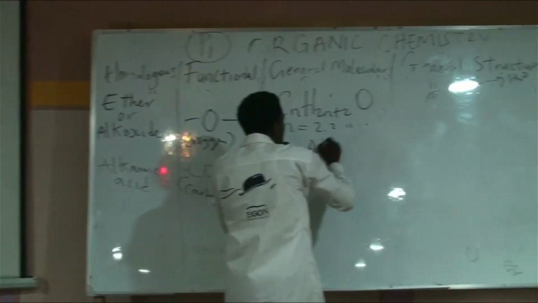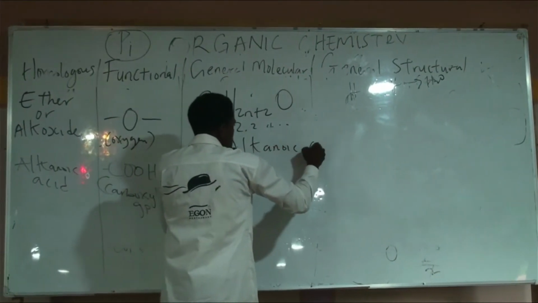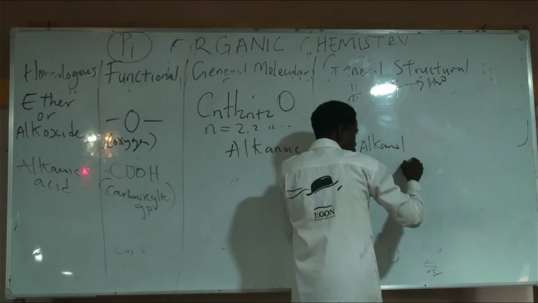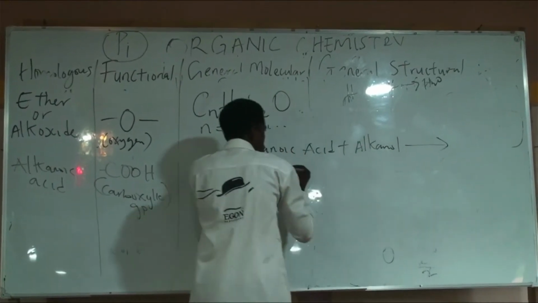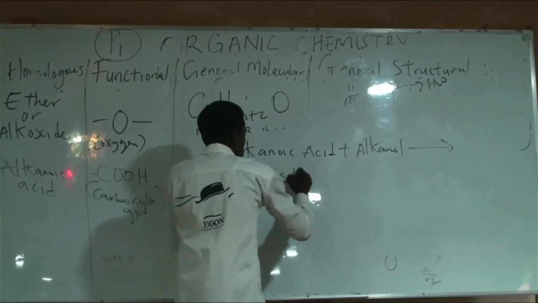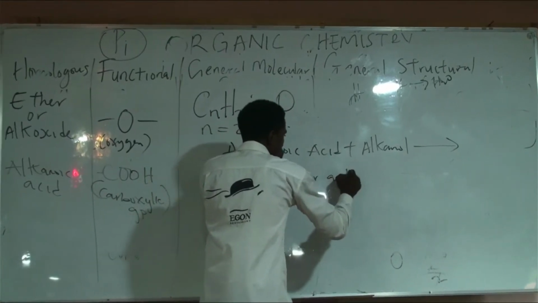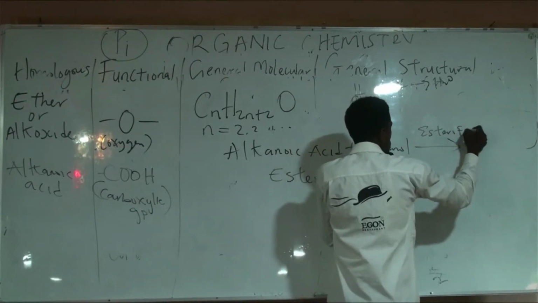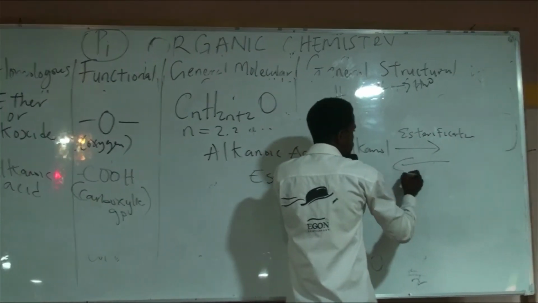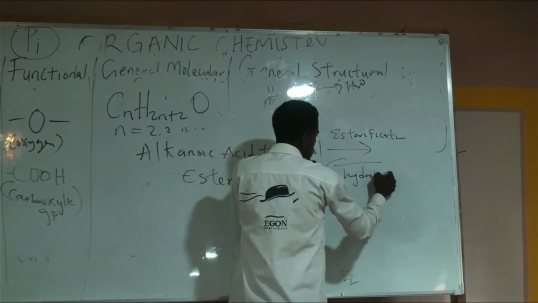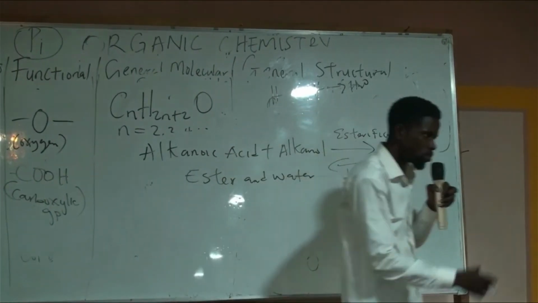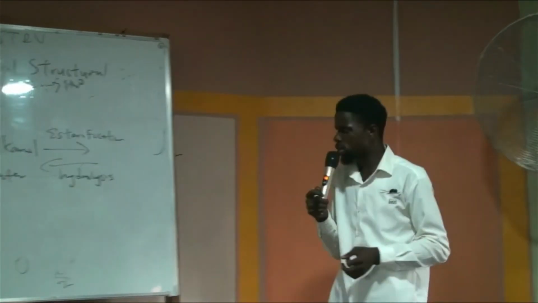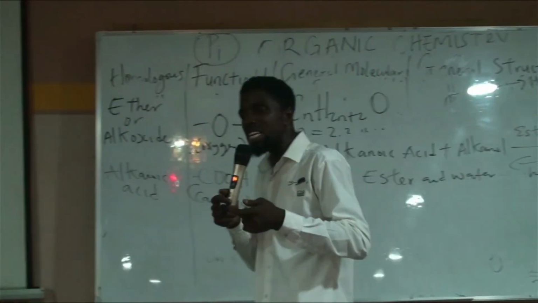So you have alkanoic acid plus alkanol giving ester and water. If the forward is esterification, what is the backward? Hydrolysis. Now, in your digestion of fats and oil.